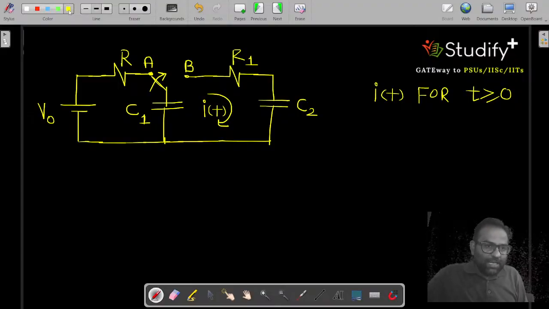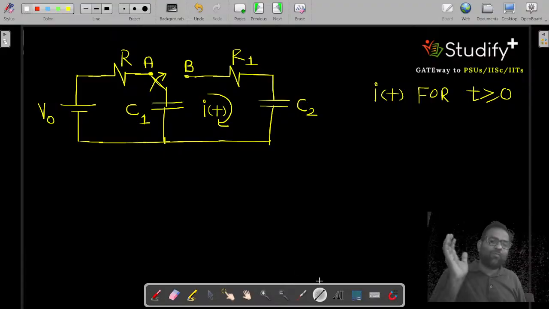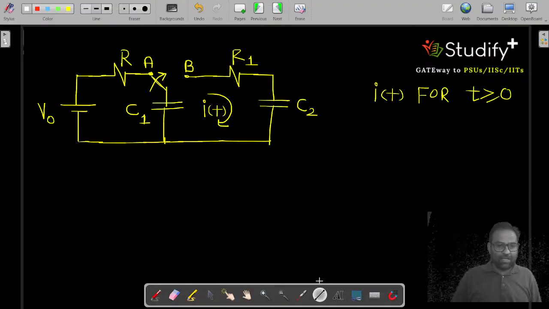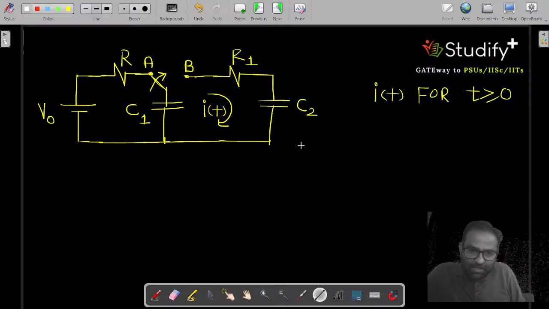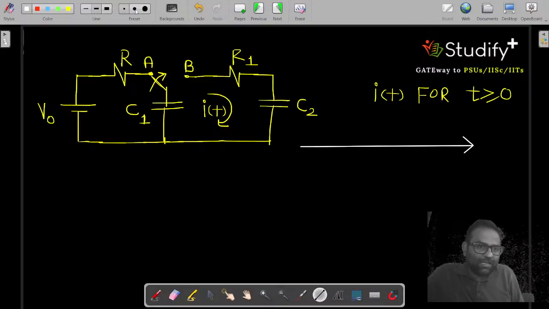So I have to analyze this circuit in the range of minus infinity to plus infinity. Let me draw the duration. Minus infinity to plus infinity is the range for which we are analyzing the circuit.